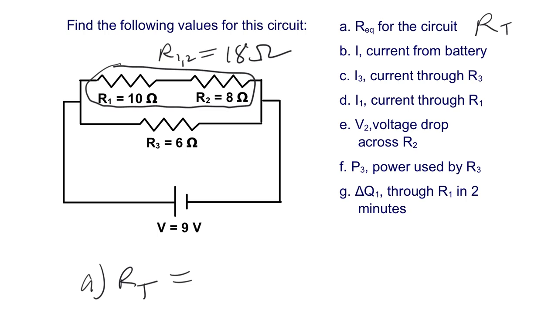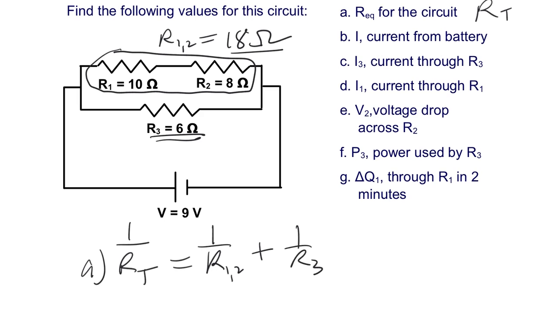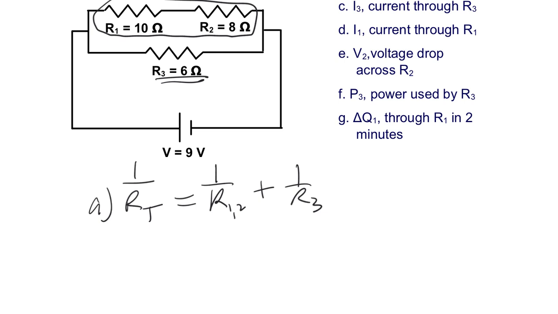And then this is R3. So the 18 ohms right here and the 6 ohms here are in parallel. So 1 over RT is 1 over R12 plus 1 over R3 because they're in parallel. So 1 over 18 plus 1 over 6 equals 1 over the equivalent resistance.